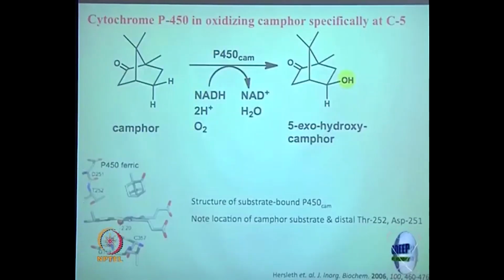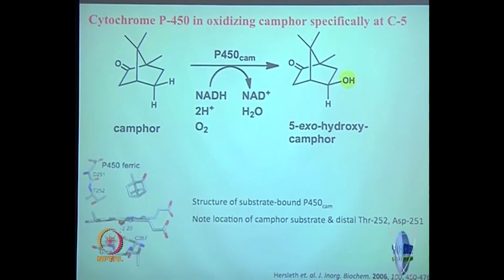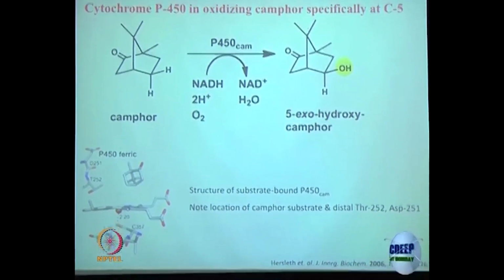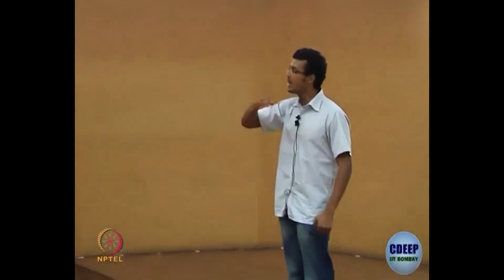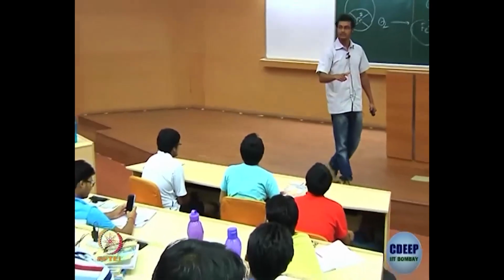I will take you here. What is the enzyme substrate complex? You have an organic compound, and you see a lot of carbon hydrogen bonds are there. And if that organic compound is getting functionalized, let's say hydroxylated, a lot of possibilities are there, right? Only a particular carbon hydrogen bond gets functionalized.